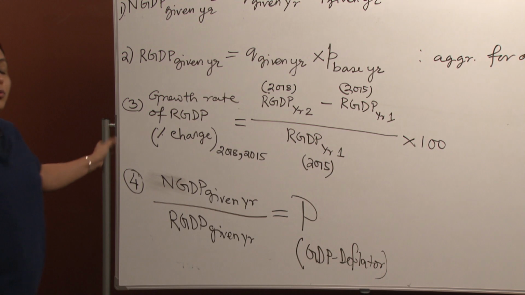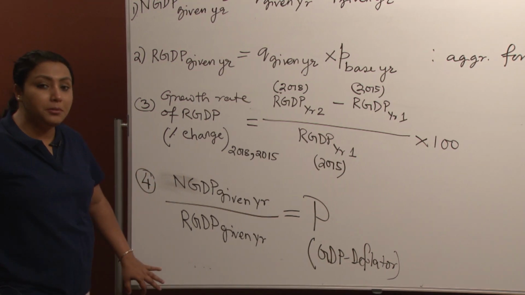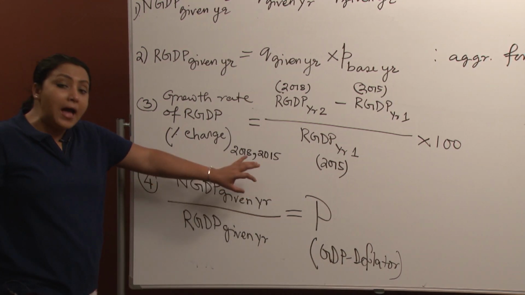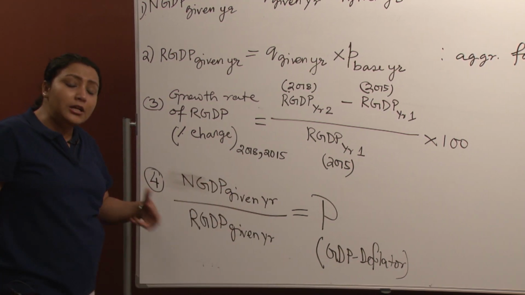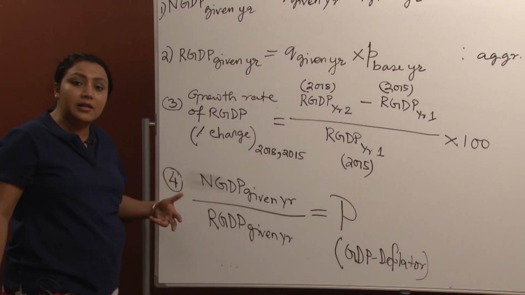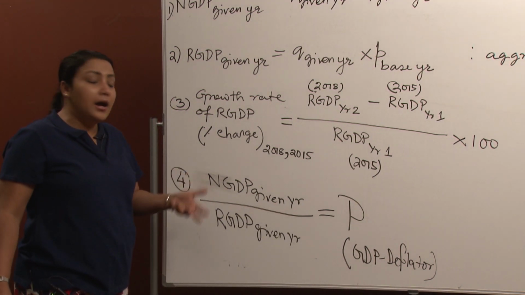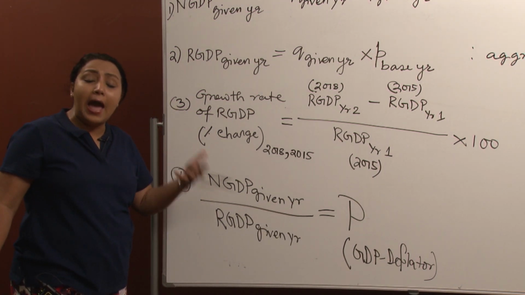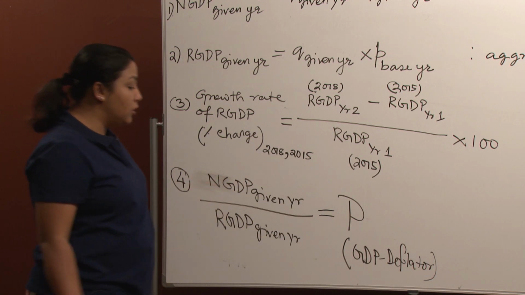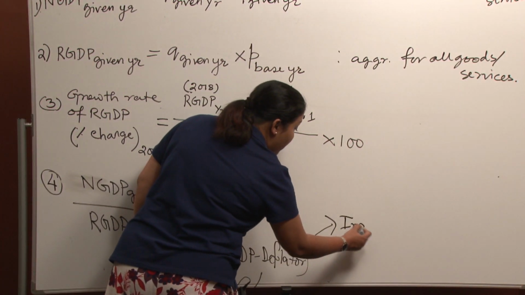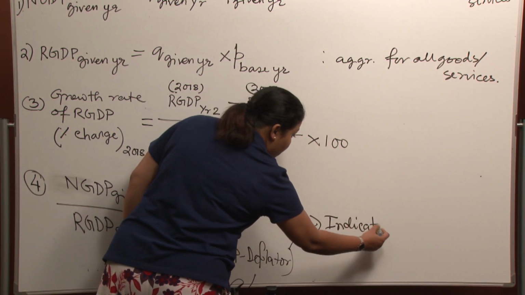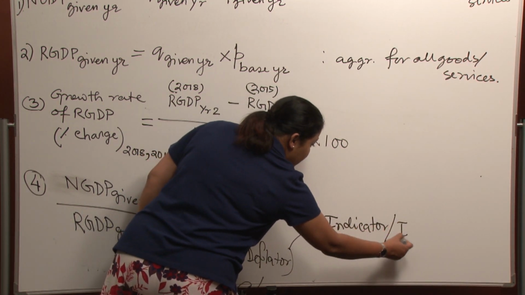So, the ratio between the nominal and the real GDP gives you a value which is called the GDP deflator. That GDP deflator is basically nothing but an indicator of the average price level in the economy.